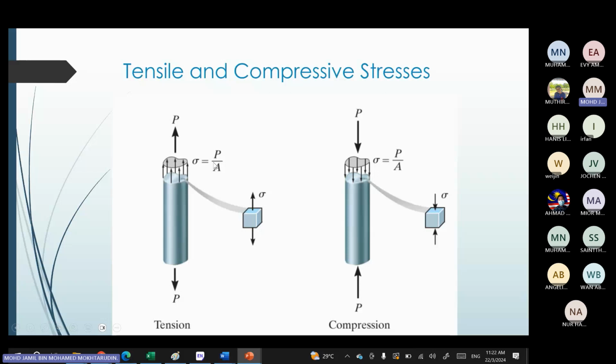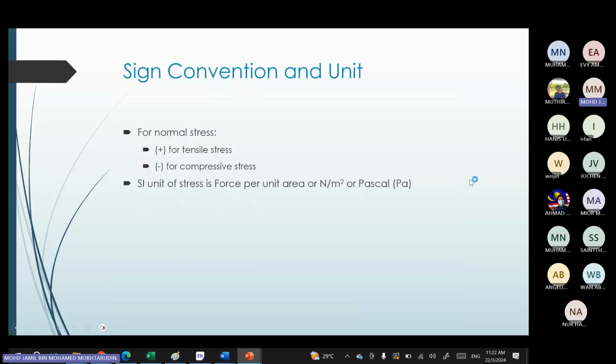So there are two types of normal stress. We have tensile stress, meaning stress that causes the structure to be extended, pulled. For compressive stress, it's a stress that makes the structure compressed. So we have tensile and also compressive stress. Usually we have a sign convention for stress.